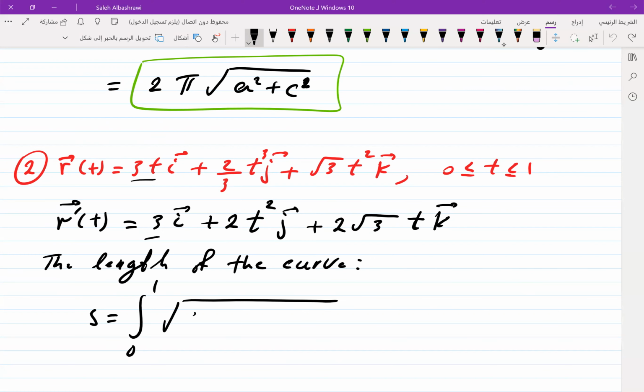The first one will give me 9. The second one will be 4t to the power 4. The third one will be 4 times 3, equal to 12 t to the power 2, dt.